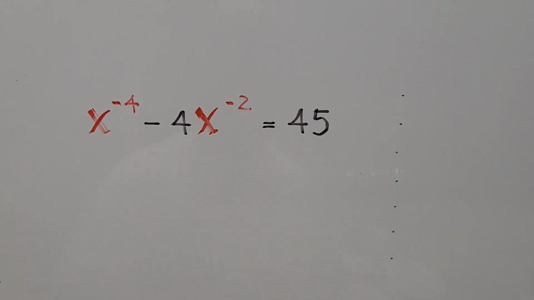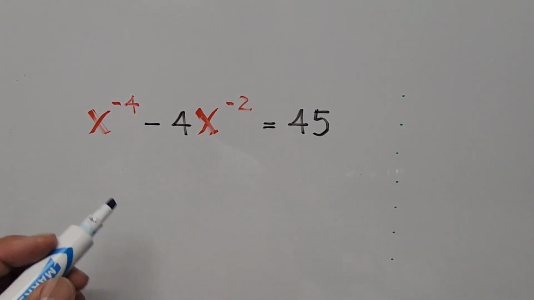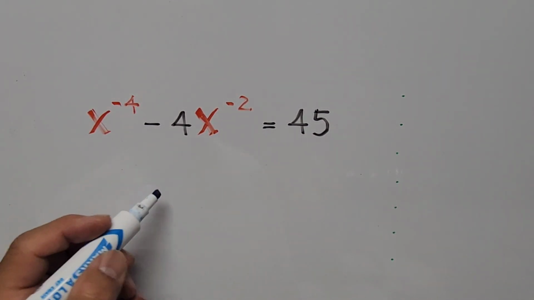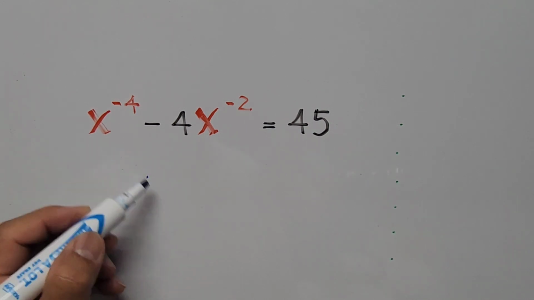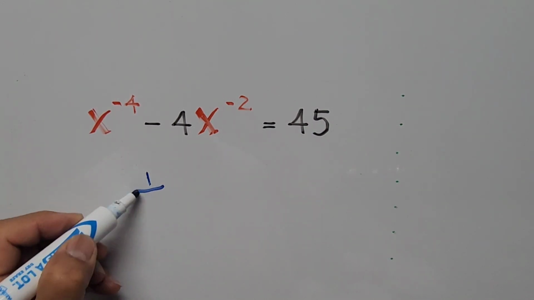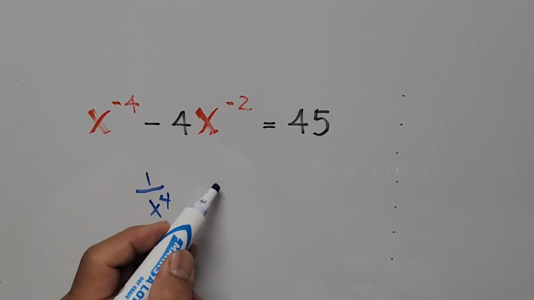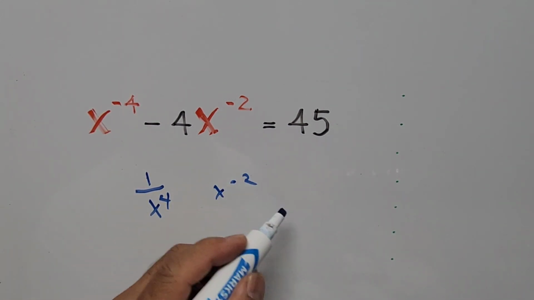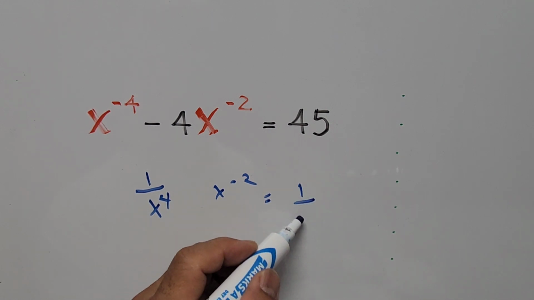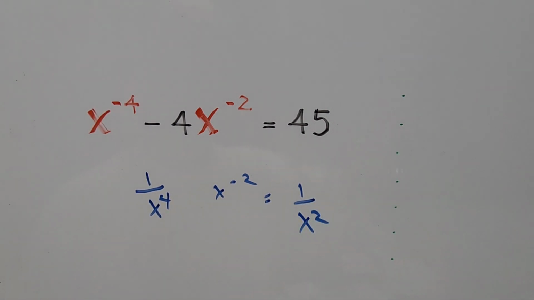Here, these variables with negative exponents can be expressed in the denominator, right? Since whenever you have a negative exponent, you can express it like this. The first term can be expressed as 1 over x to the fourth. The same way, x to the negative 2 will be equal to 1 over x squared, from the negative exponent property.